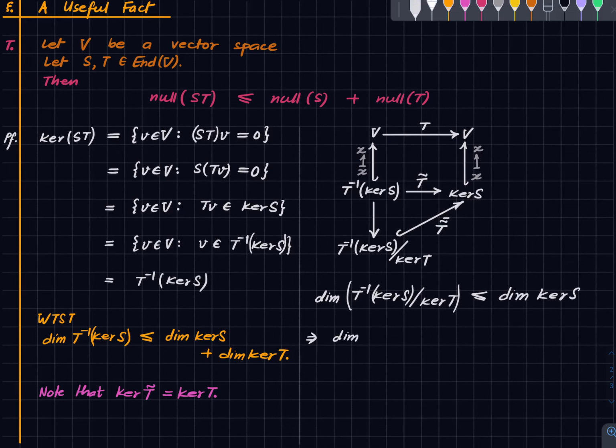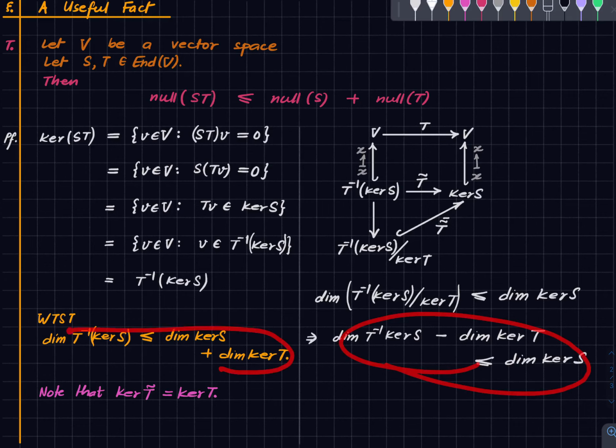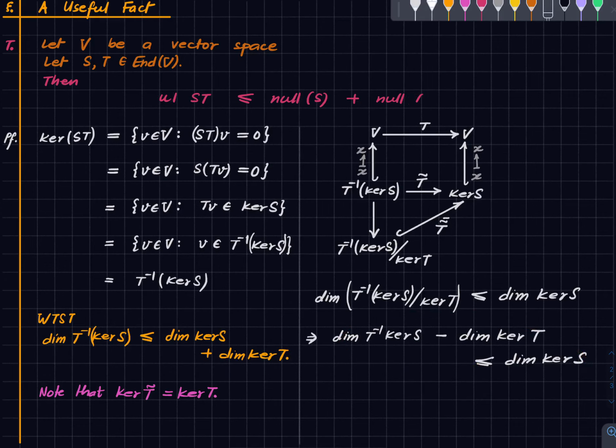The left-hand side is the dimension of T inverse kernel of S minus the dimension of kernel of T, less than or equal to the dimension of kernel of S. If you just rearrange these things, you get the orange thing, which is the same as the red thing. That is what we wanted to prove.